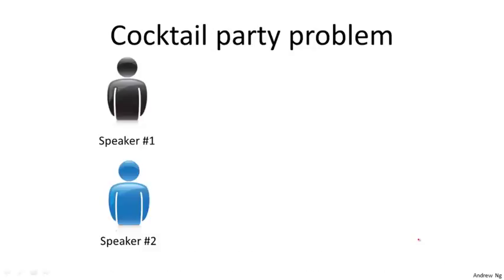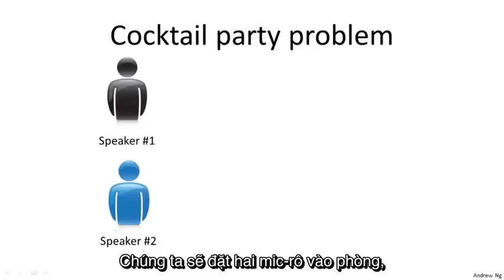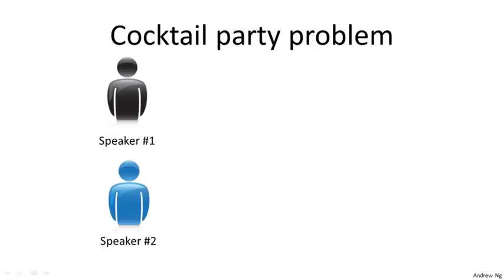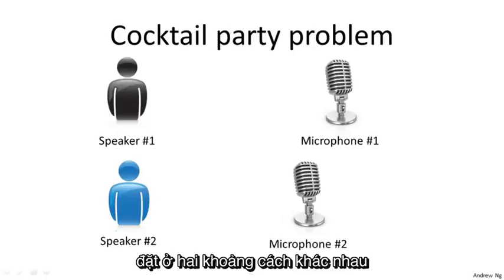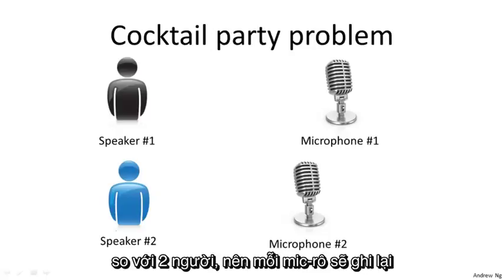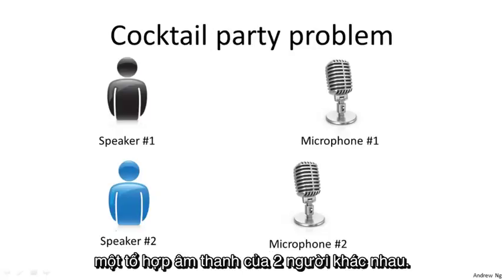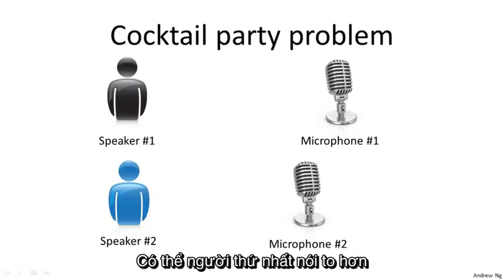So maybe you have a cocktail party with two people talking at the same time, and a somewhat small cocktail party. And we're going to put 2 microphones in the room. Because these microphones are at 2 different distances from the speakers, each microphone records a different combination of these 2 speakers' voices.